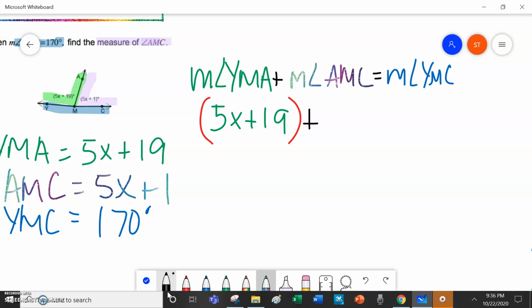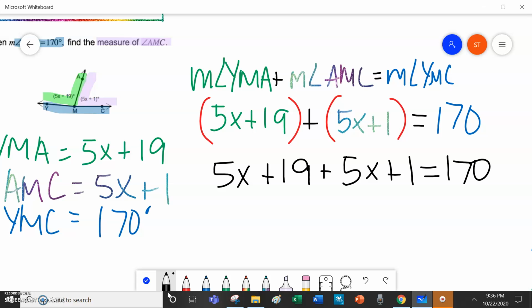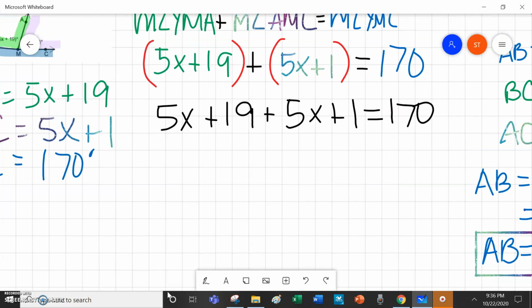I'm going to substitute AMC as 5x plus 1, putting that inside parentheses as well. And I know that the measure of angle YMC was given as 170 degrees. So this is now an algebraic equation. I can ignore everything else. I don't need the parentheses here, they do not make a difference. Then I will continue and solve this algebraic equation.